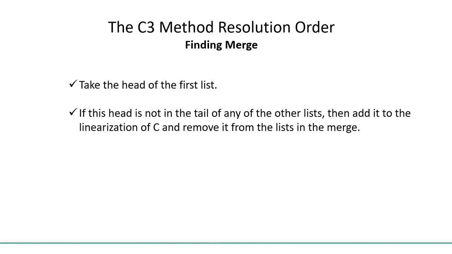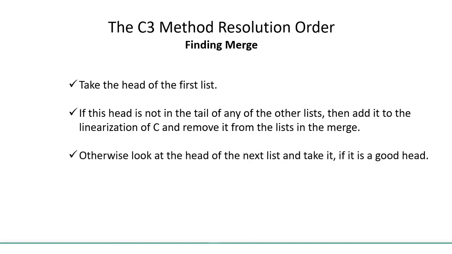Now if this head is not in the tail of any of the other lists, meaning the head class of the first list can only be present as head of the other lists as well, and if not, it should not even be present in any other list, then in this case, where the head is not part of any of the tails of the other lists, add it to the linearization of C and remove all occurrences of that specific class from the lists in the merge function.